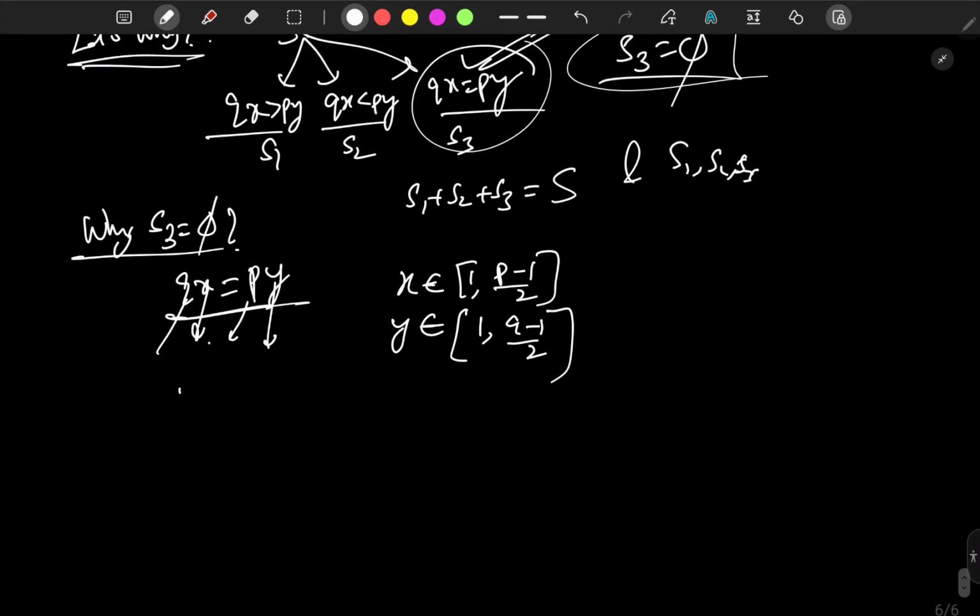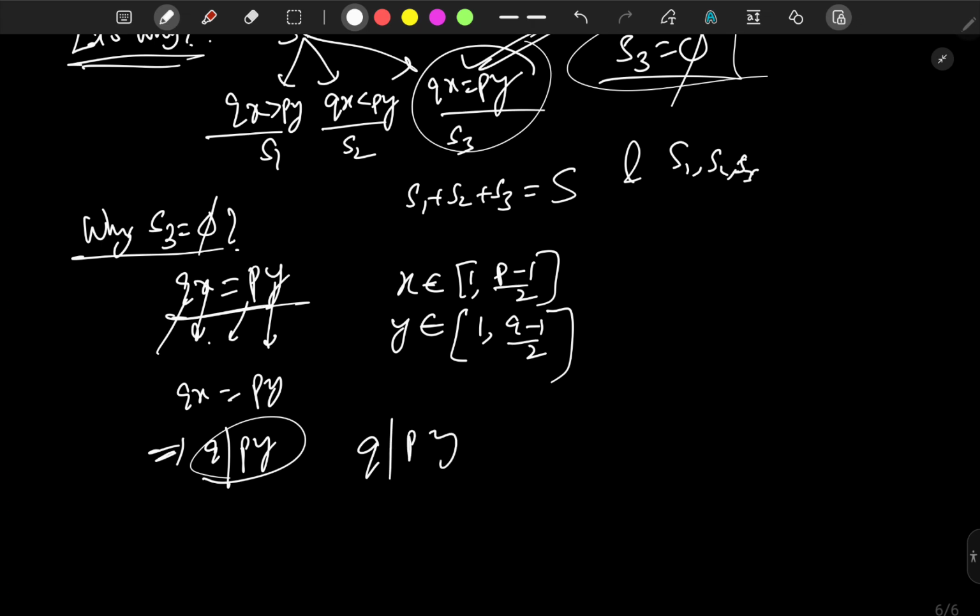So can I write this? qx equals py. Can I conclude that q divides py? Yes, of course we can conclude. So q divides py. Since q comma p are prime numbers, we always know that the gcd of two prime numbers will always equal 1, provided that they are distinct.